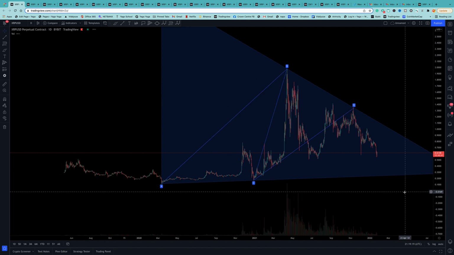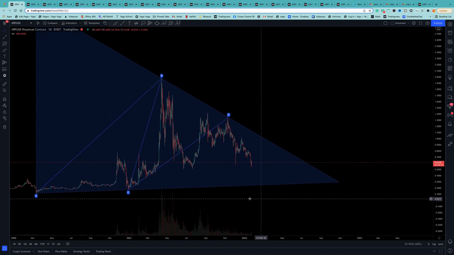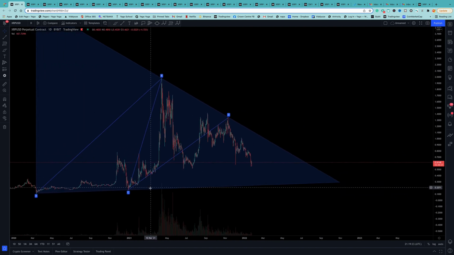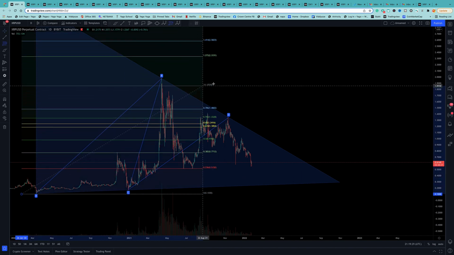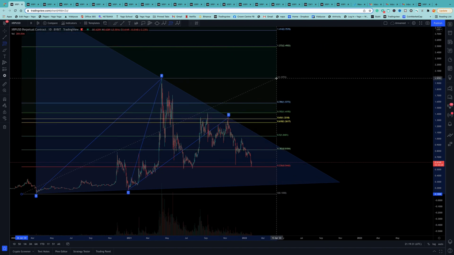So one of the things that we'll be doing, and I'll show you this now, is you put a Fibonacci on it from the bottom to the top, and this is how you get a good indication of the next pump. You can even see here, and I put this here like this, it's already down right smack bang on the 236.